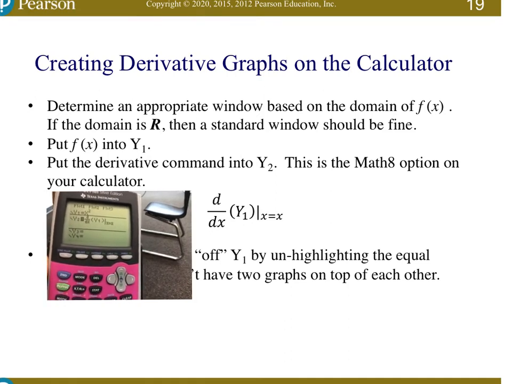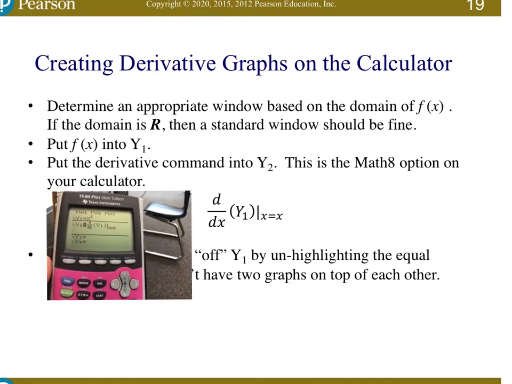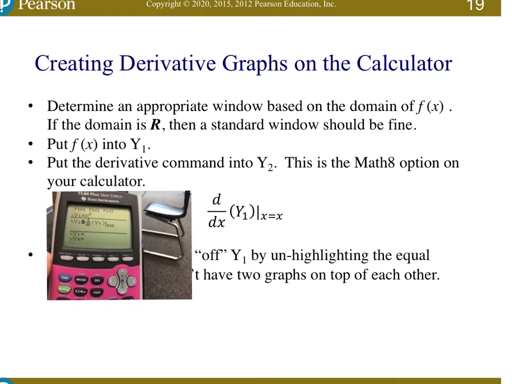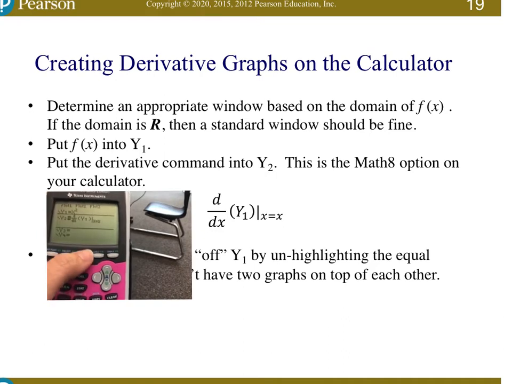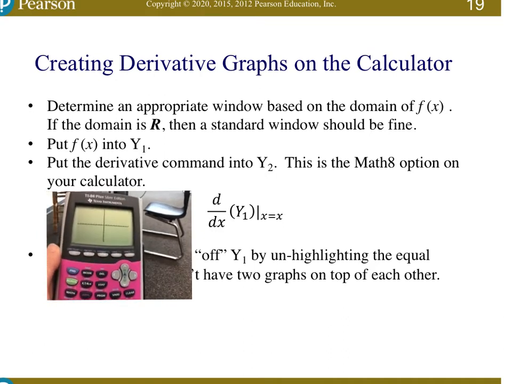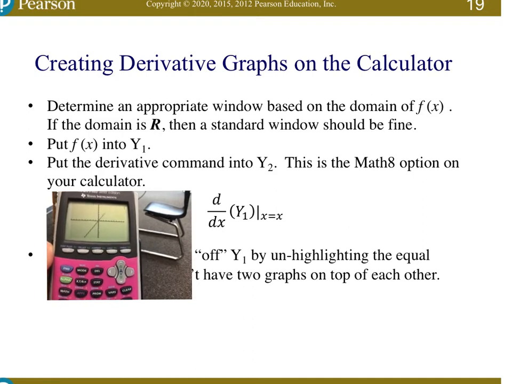It'll only be graphing one thing. And then if you hit graph, you should see the derivative graph of the function that you put in. So here is what you should see if you did it correctly.